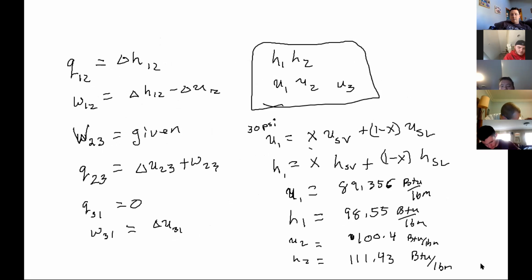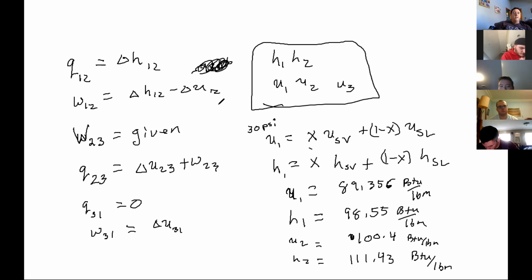Then for the internal energy, I did 100.4 minus 89.36. Okay, that seems right. Work is change in enthalpy minus the internal energy, so I also did that one wrong. All right, disregard these answers, we've got to get them again.